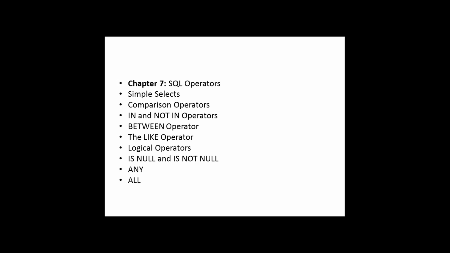The second thing is comparison operations. Let's take an example: I want to retrieve the records whose salary is more than $2,000 from a column. So we write a comparison operator.